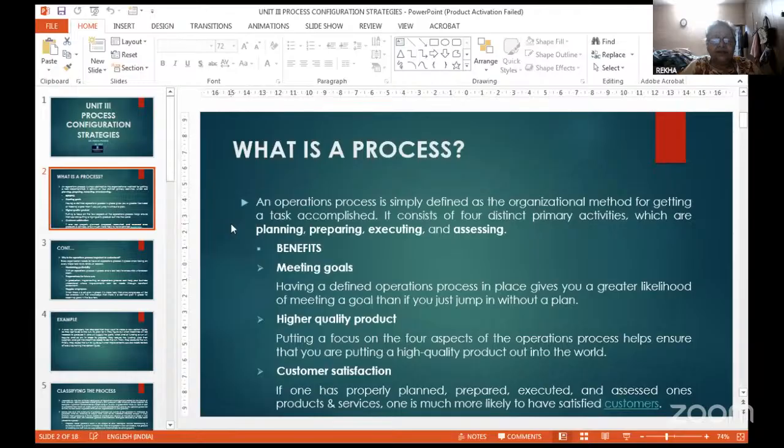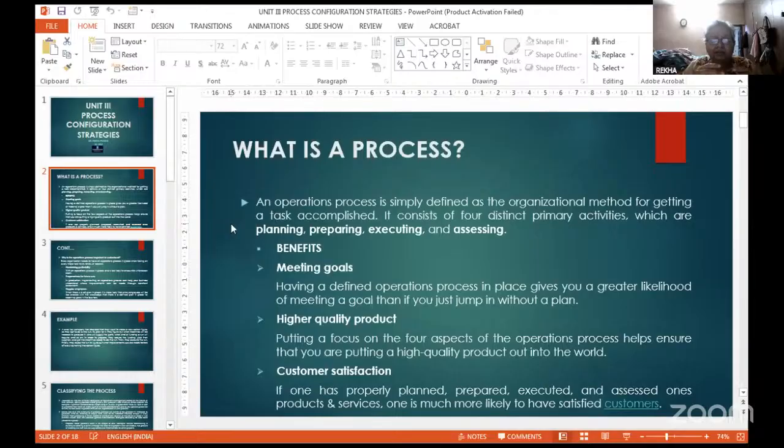Meeting goals, whatever is your goal. If you have done these things properly, planning, preparing, executing, and assessing, then naturally you'll meet your goals. First benefit is you'll meet your goals. Then the quality of the product will also be higher.